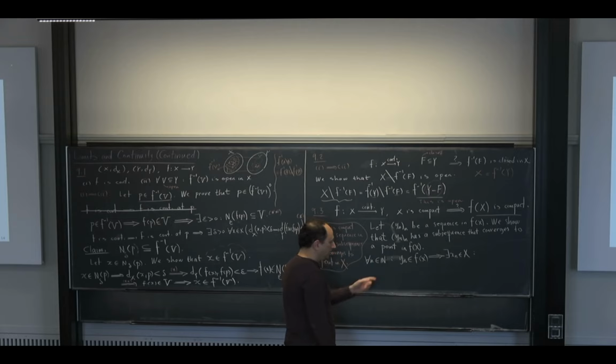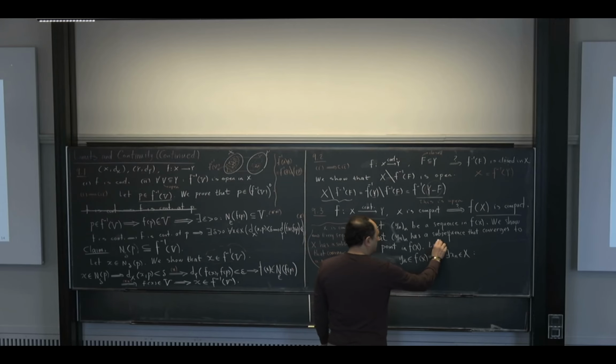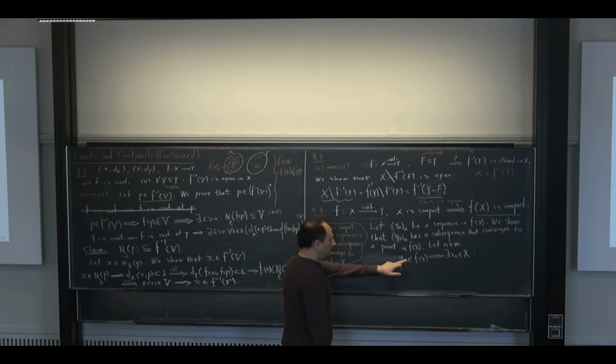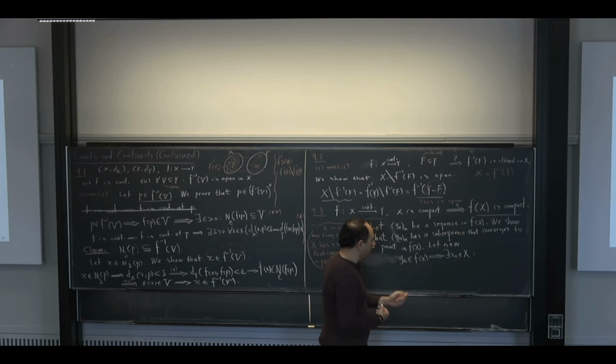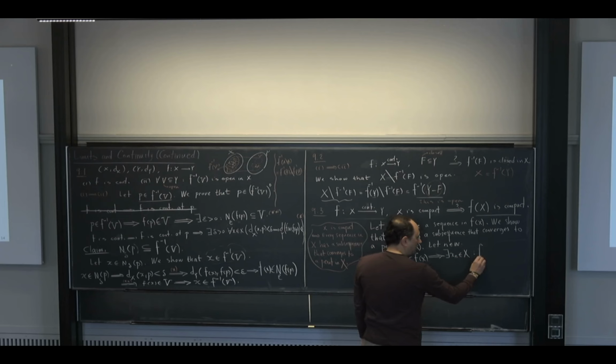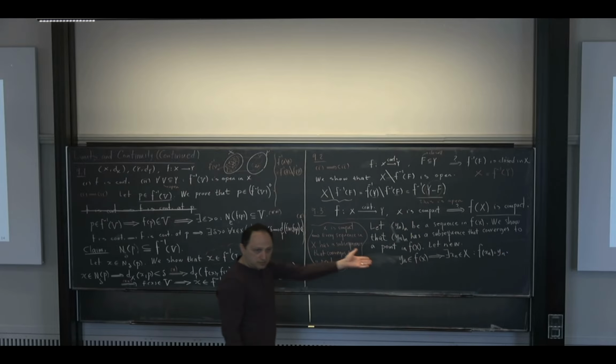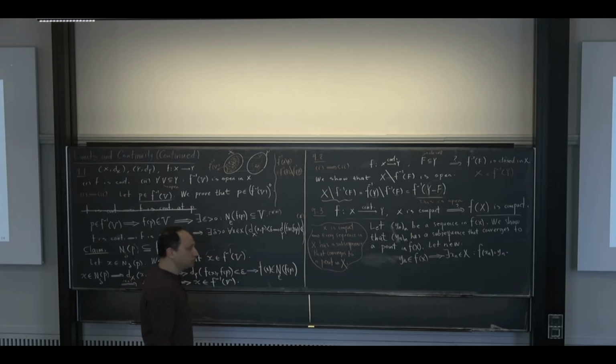Yn belongs to f of x because my sequence, by my assumption, is a sequence in f of x. It means all the terms are in f of x, including Yn. It means there exists an element in x such that f acting on x is Yn. Yes? That's the meaning. I'm just writing the definition, so I'm doing nothing.